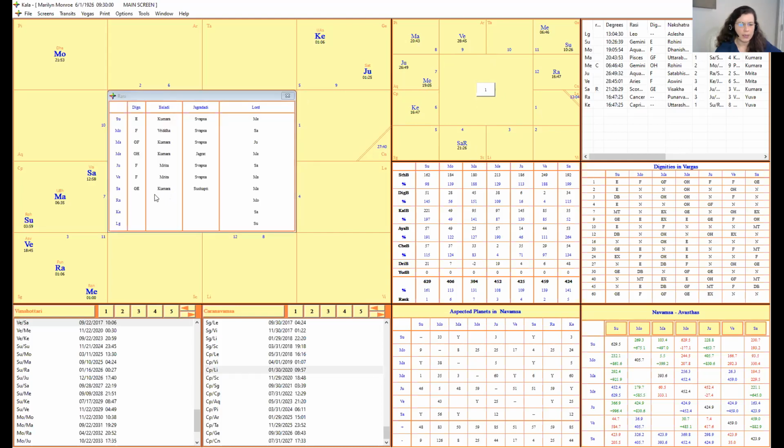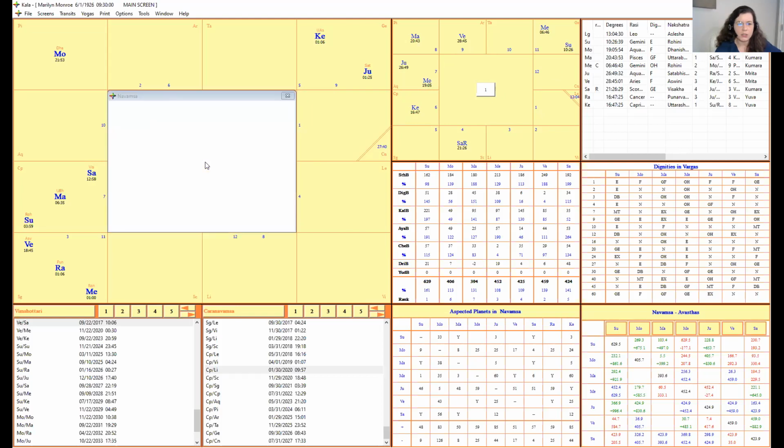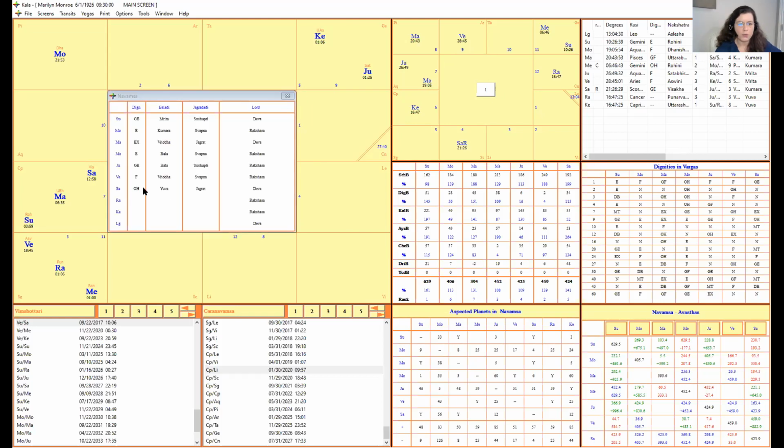Saturn is in great enemy dignity in the Rashi, and goes into its own home. So it picks up strength here in the Navamsha. So her capacity to endure the hardships, the ups and downs, might prove to be better for her in this regard.